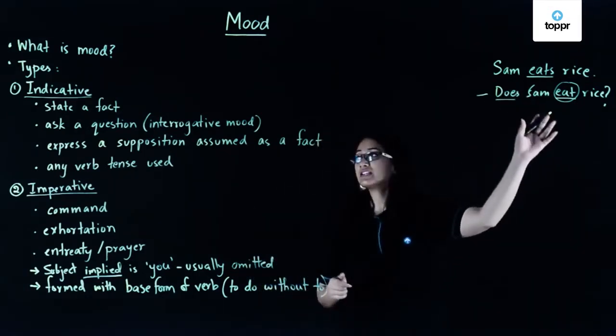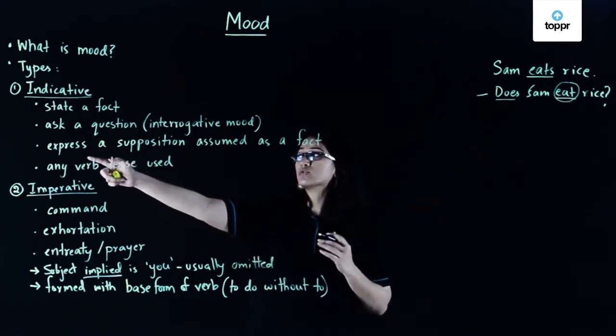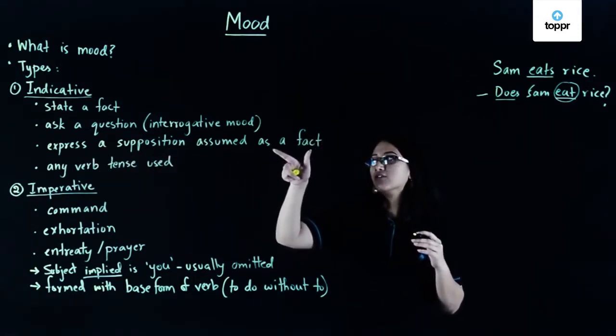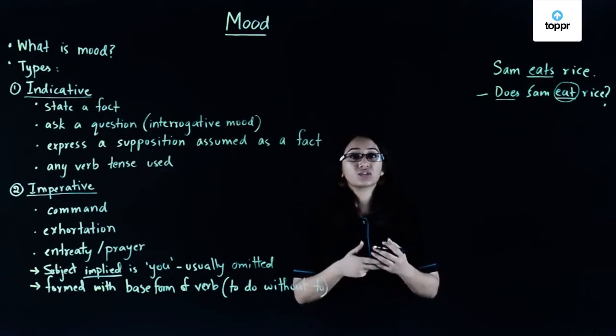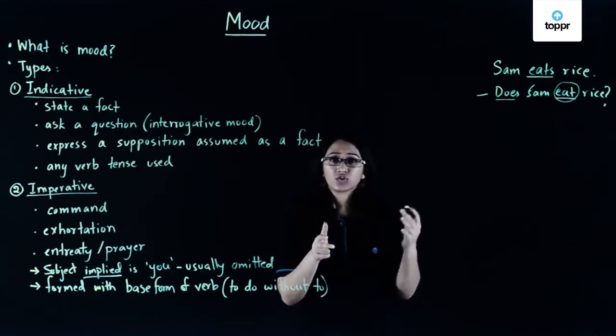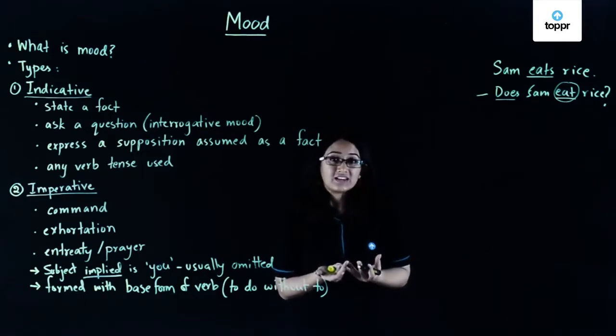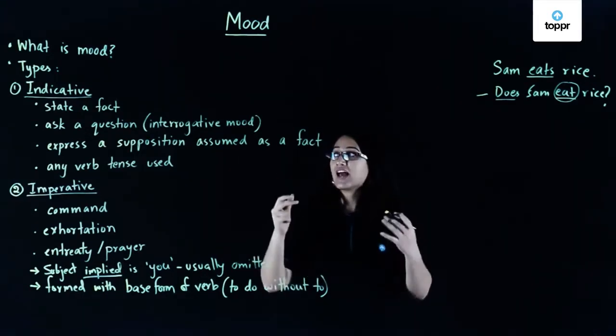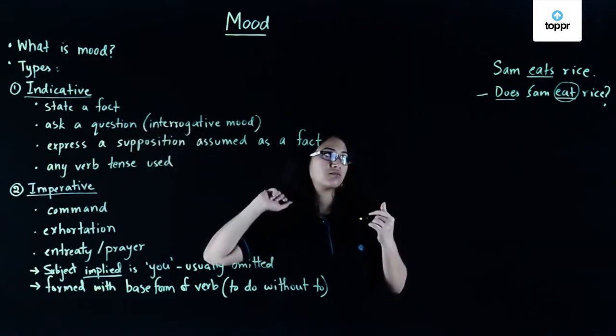So now that we've seen these two, it can also be used to express a supposition assumed as a fact. So if we are using a sentence to show that something which actually isn't true, we're just guessing that it is or assuming that it is, and we're using it as a fact, that would also come under the indicative mood of a verb.